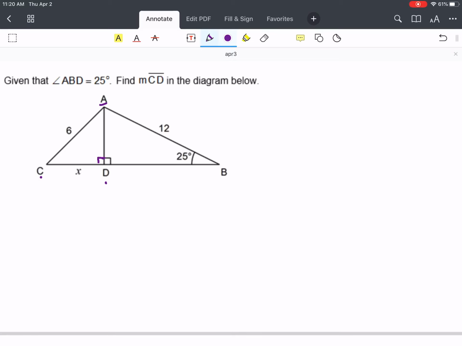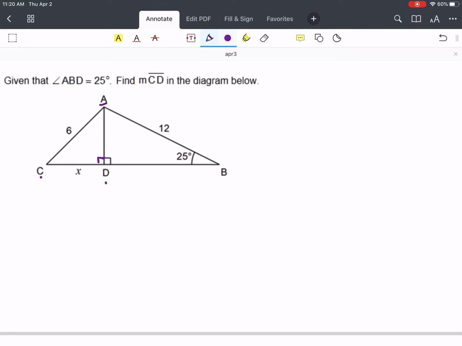In order to find x, we could either find one of the acute angles in triangle ACD, so angle ACD or angle DAC. However, it doesn't seem that we have enough information to solve for one of those things.